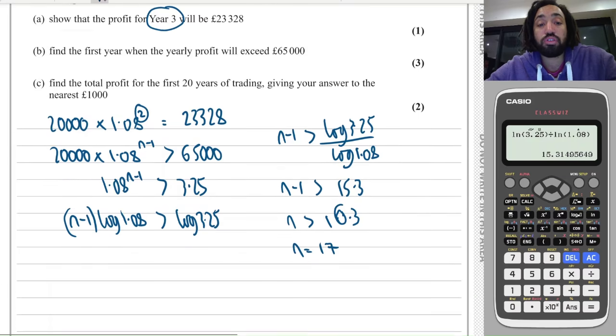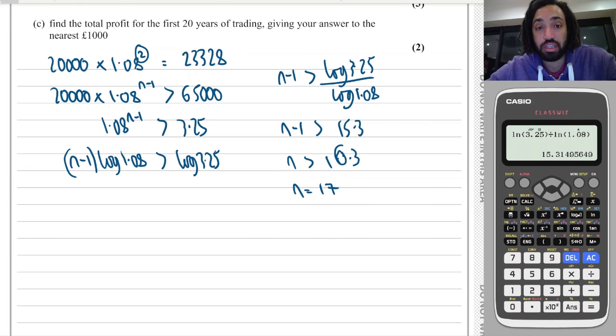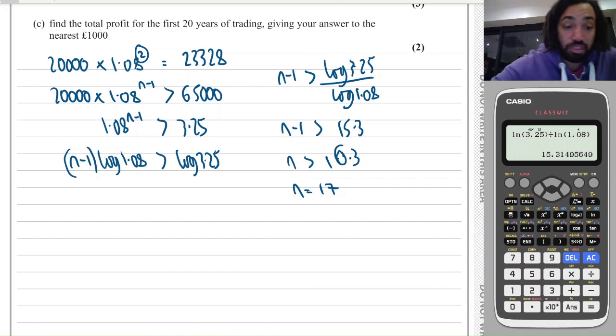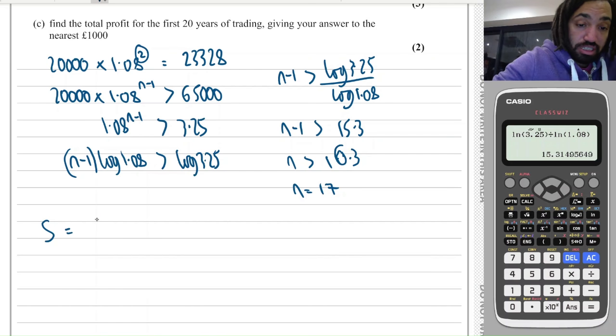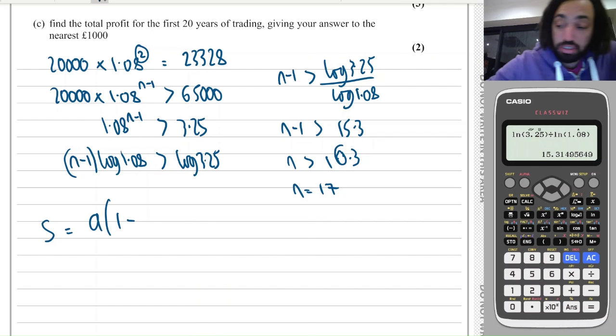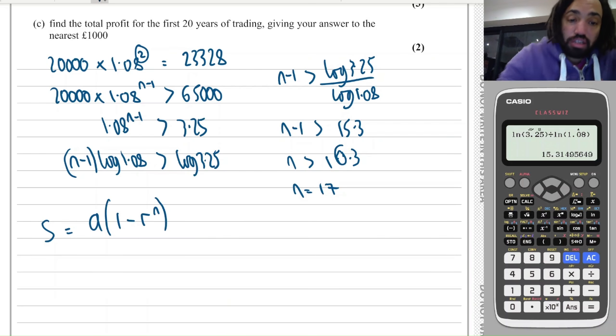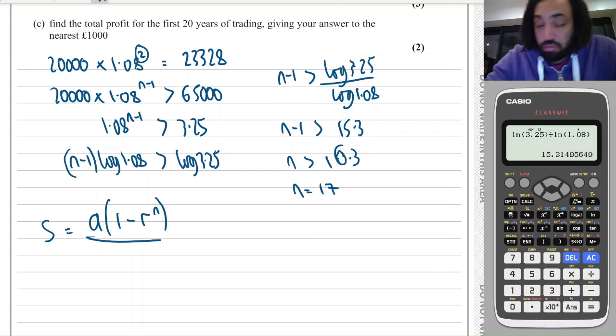Find the total profit for the first 20 years of trading, giving your answer to the nearest 1,000. The total profit, okay, so we have to use the summation formula for the geometric sequence, which you do get in your formula booklet, and it is a, open brackets, 1 minus r to the power of n, close brackets, all over 1 minus r.